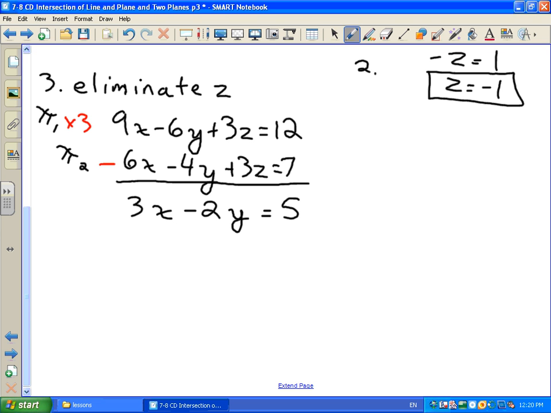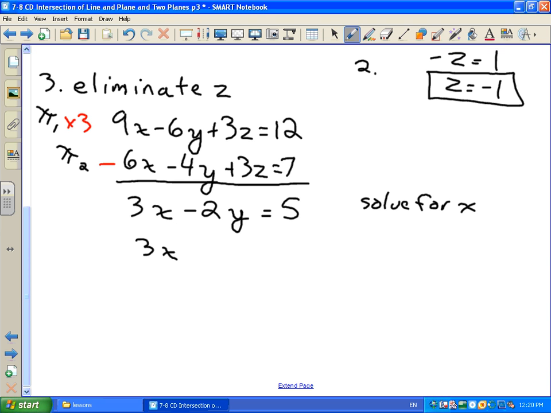So in truth, it doesn't matter. We can solve for whatever we want here. I'm going to solve this for x, I think. Let's rearrange this here.